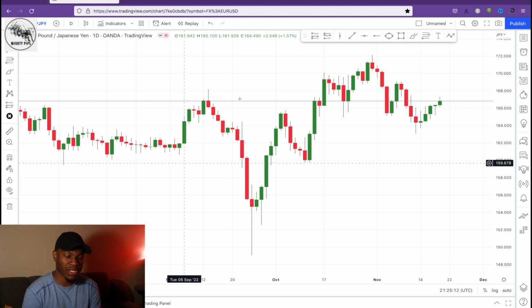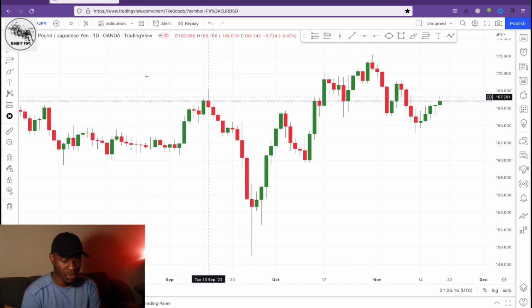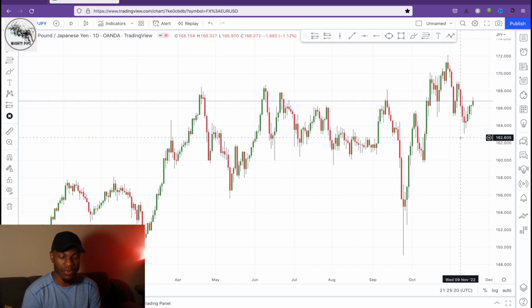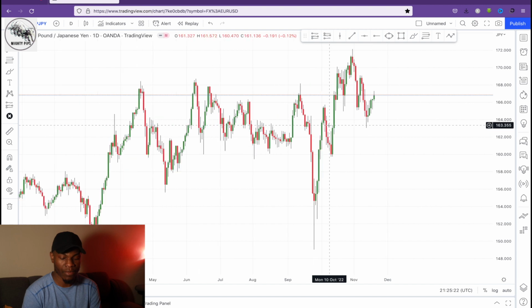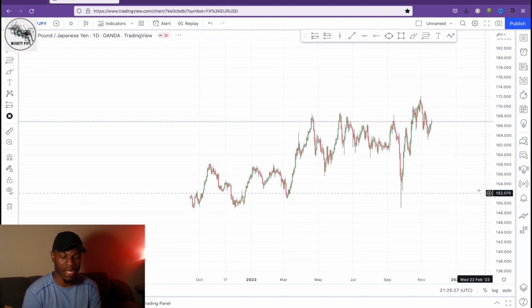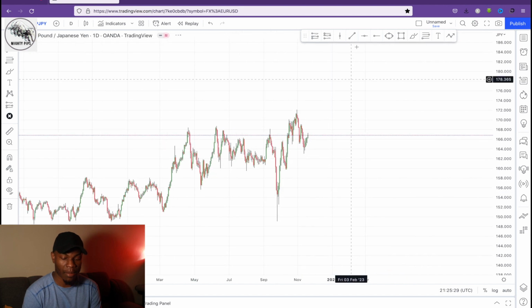One thing that most people don't understand about Fibonacci is that when you're drawing Fibonacci, you have to first of all look at where the market trend is going. So in this case, you zoom out the chart, and then you look at the chart here. You see that the chart GBP JPY is on an uptrend.